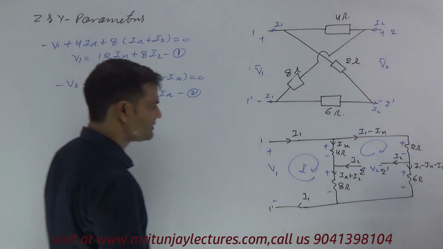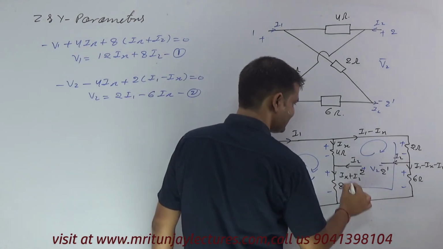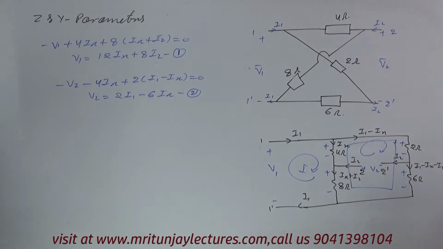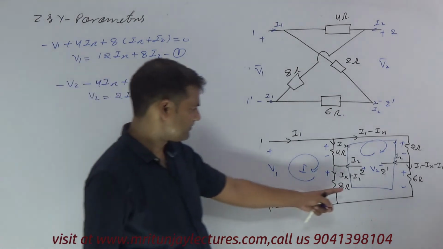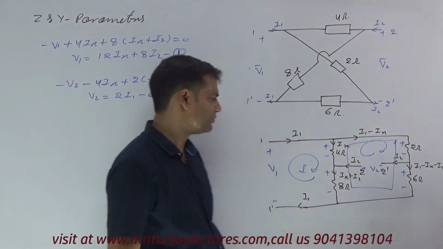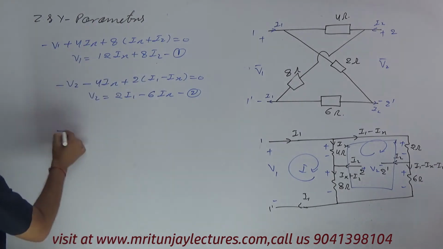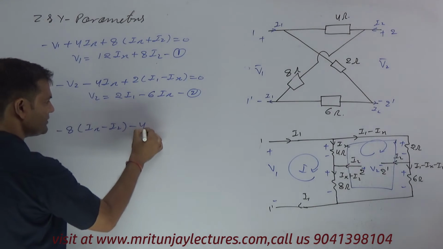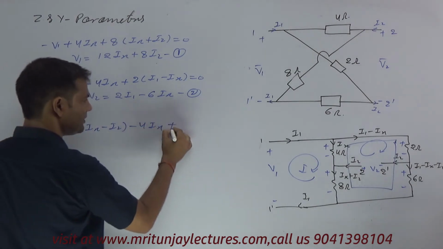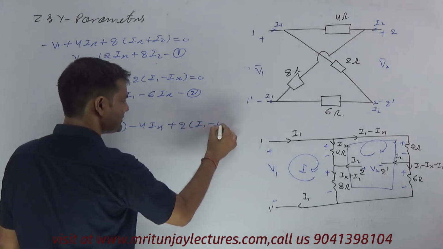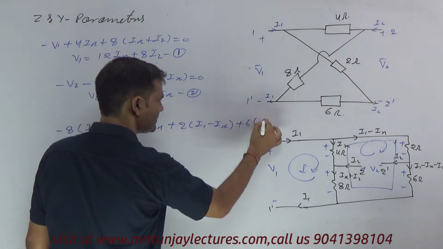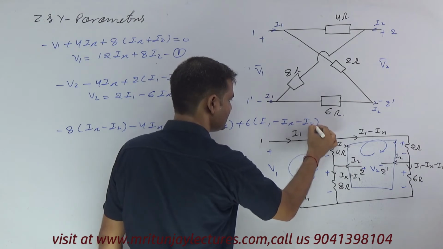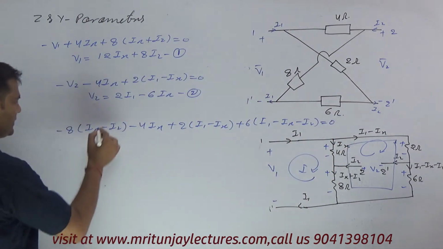And now next target, apply KVL corresponding to the whole super loop. Minus 2 plus minus 8 ix minus I2 minus 4 ix plus 2 I1 minus ix plus 6 I1 minus ix minus I2, this will be equal to 0.